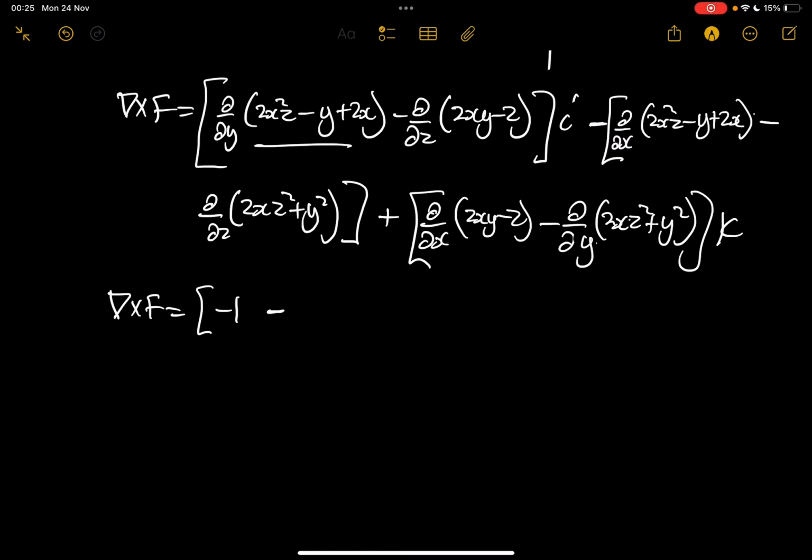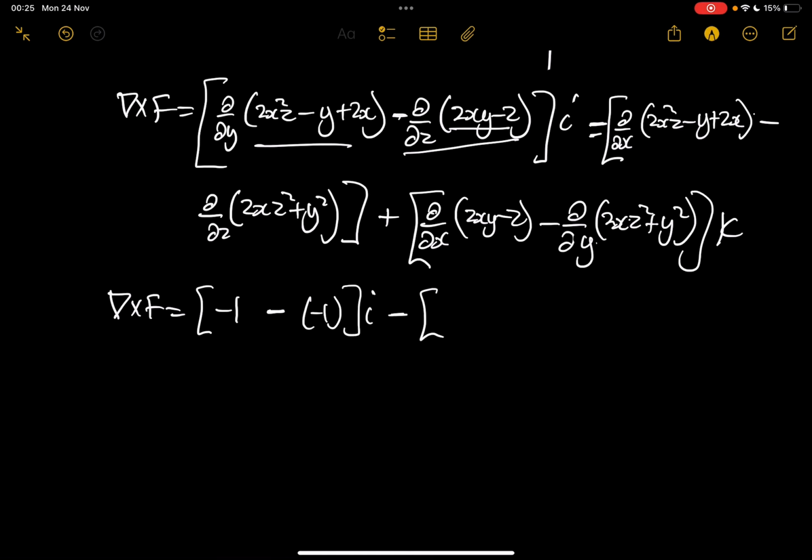Then minus this minus, differentiating this with respect to z, it's going to be minus 1 again. This is i.